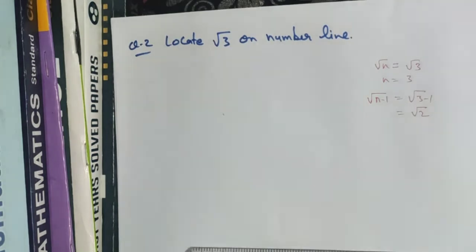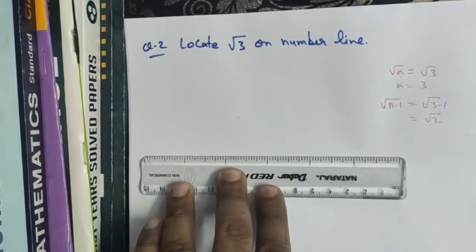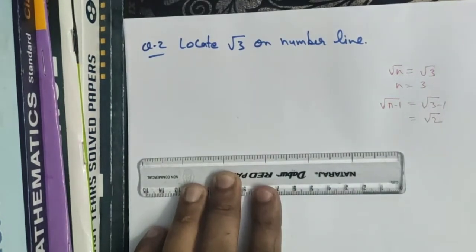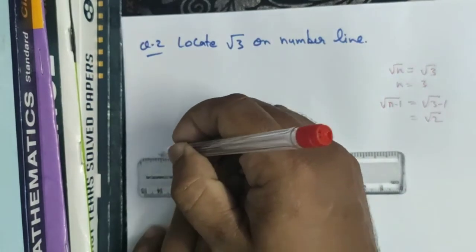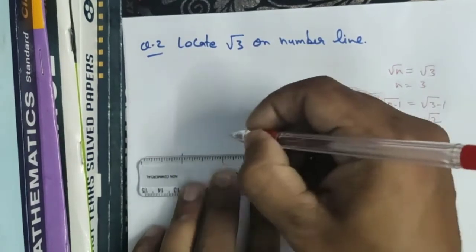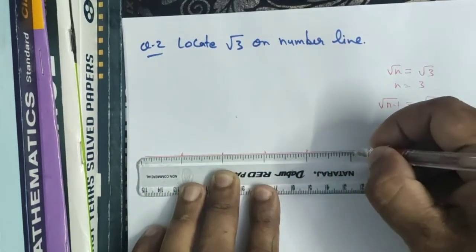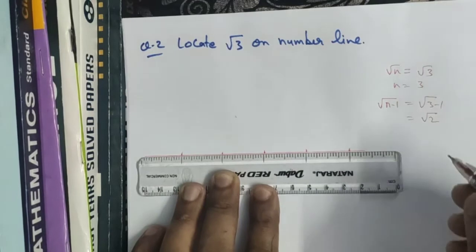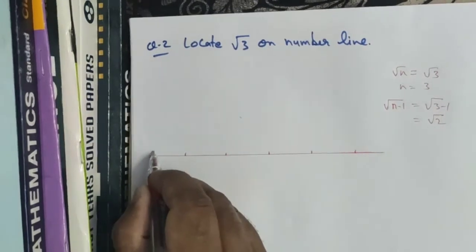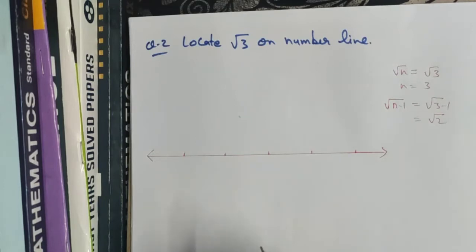Okay, so with the help of a ruler, we will first draw a number line, with equal intervals, extended to plus infinity and minus infinity.